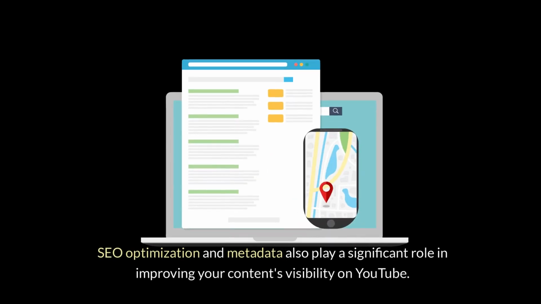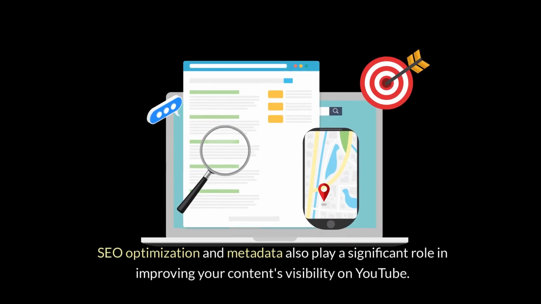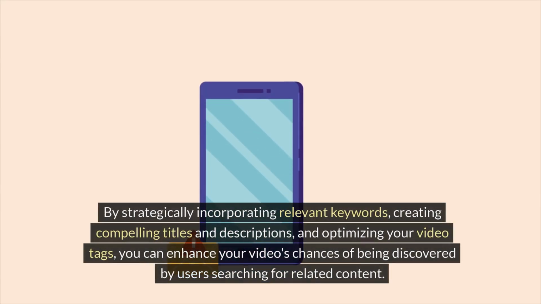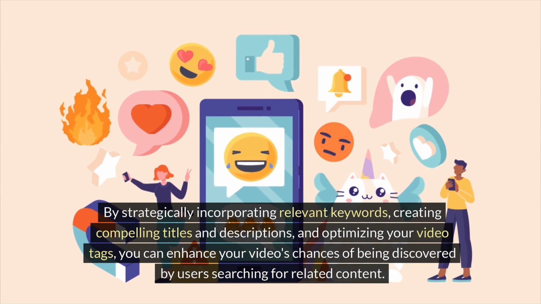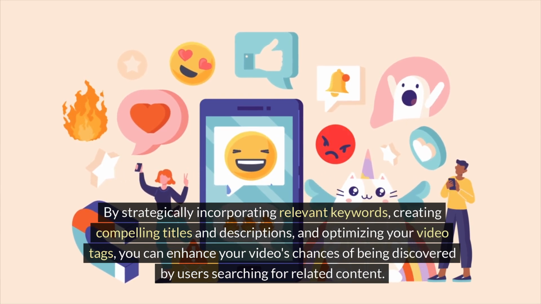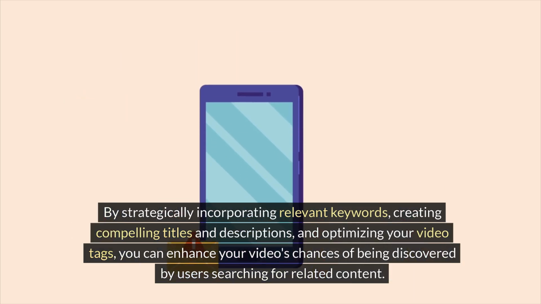SEO optimization and metadata also play a significant role in improving your content's visibility on YouTube. By strategically incorporating relevant keywords, creating compelling titles and descriptions, and optimizing your video tags, you can enhance your video's chances of being discovered by users searching for related content.